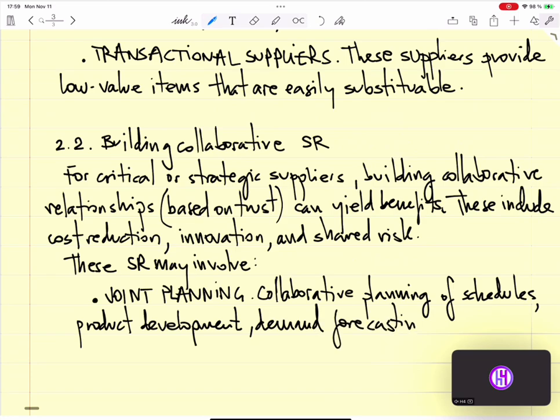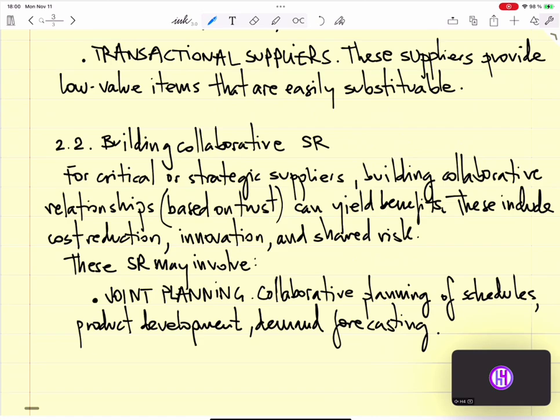Basically, you include them as your partners in law, and you make relevant plans with them about almost everything related to value creation. Okay.